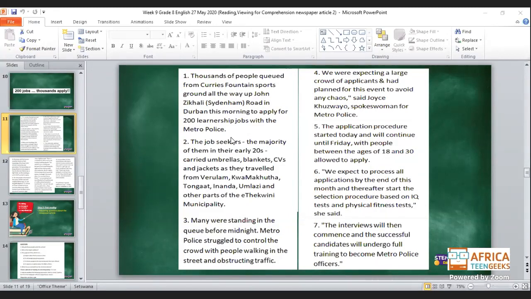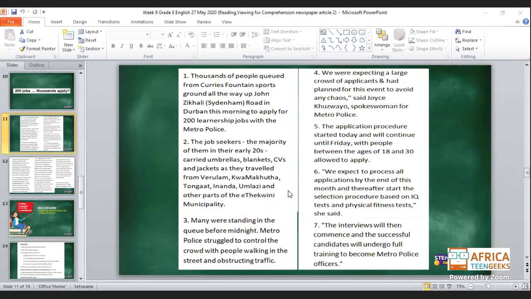Thousands of people queued from Curry's Fountain Sports Ground all the way up John Zikali Sydenham Road in Durban this morning to apply for 200 learnership jobs with the Metro Police.